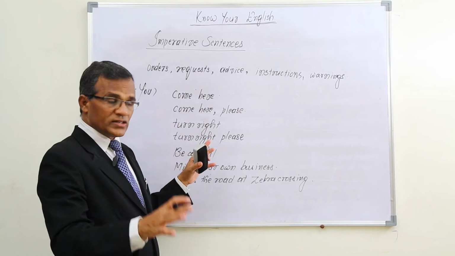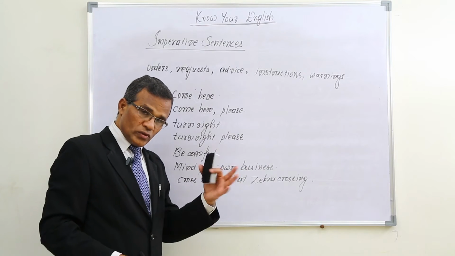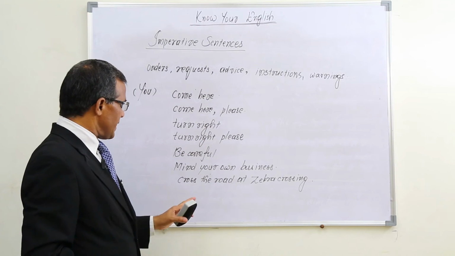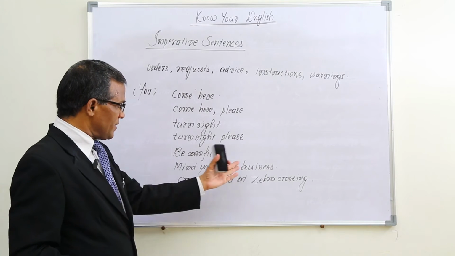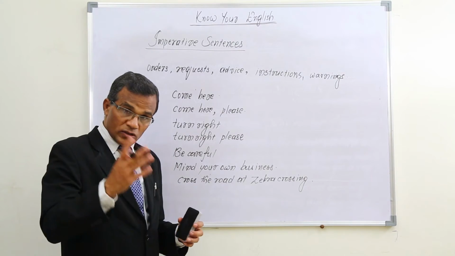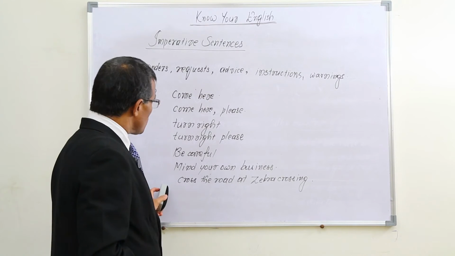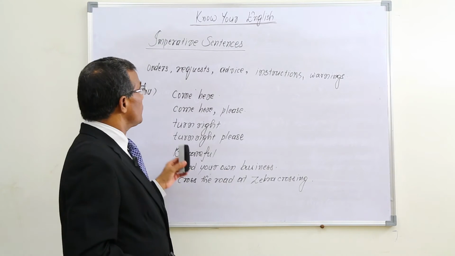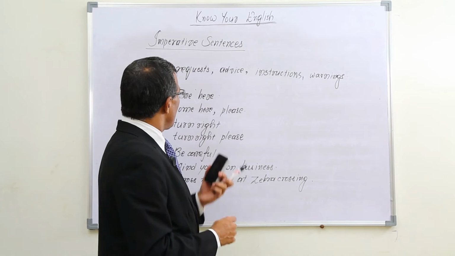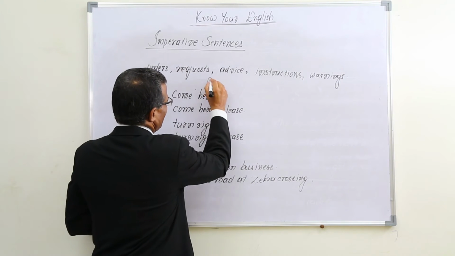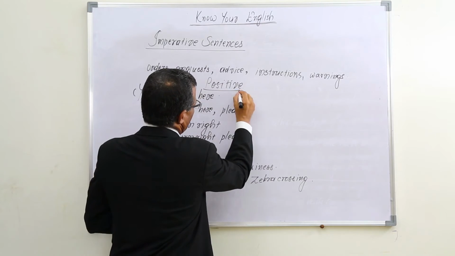Instead of you turn right, simply removing you, we say turn right. Be careful means you be careful, and mind your own business means you mind your own business. So you is understood here. These are all positive sentences.